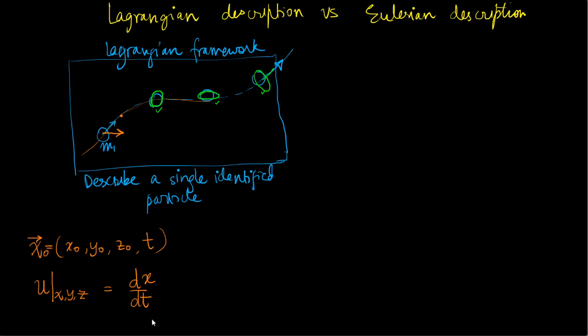And the reason why I'm not writing the acceleration is because the acceleration falls beyond the purview of fluid kinematics. Kinematics does not want to involve the forces. So the u velocity at this point is dx/dt, and with the help of this we can integrate dx from some initial condition to a later condition as the integral of u times dt, going from t naught to some other time.